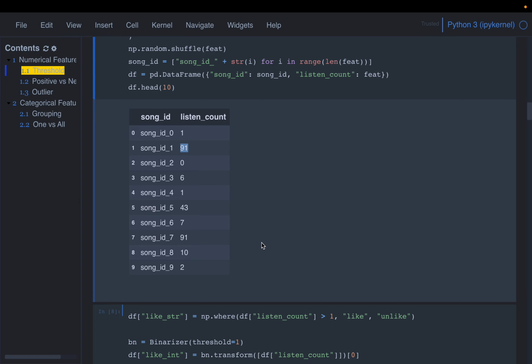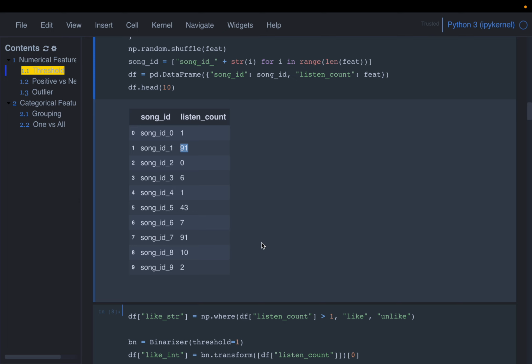So that's why, instead of these numbers which can vary from 0 to any big number, we want to make the recommender system's job easier by simply saying whether the user liked the song or not. We define this by whether the user listened to a song more than once.